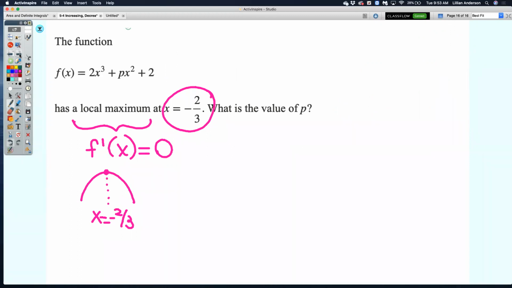So if we were to set our first derivative, which you said you guys got 6x squared plus 2px, equal to 0 and plug in the fact that I already know that x is equal to negative 2/3, I can find my value of p.